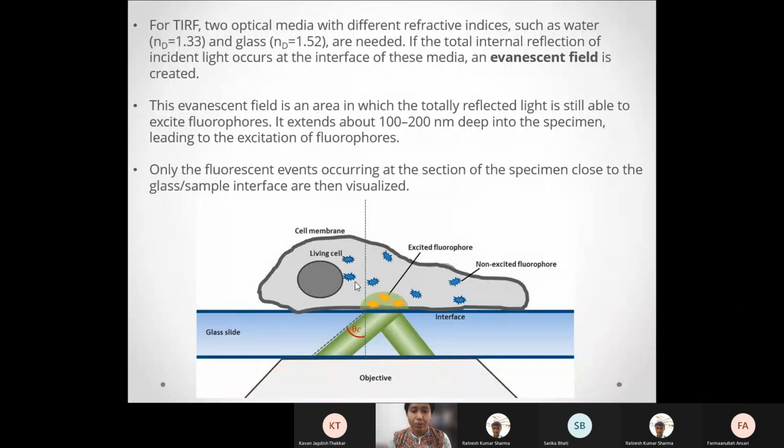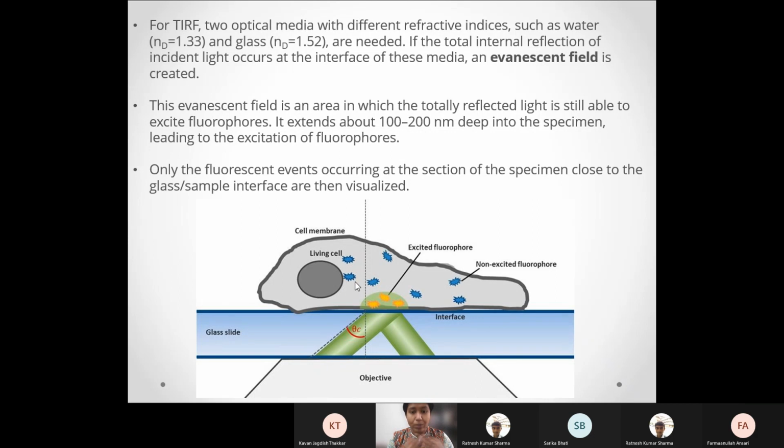In total internal reflection fluorescence microscopy, our objective is to see the fluorescence that is emitted by molecules, say organelles, whatever it is, inside a cell, or by single molecules on the surface of a glass slide.